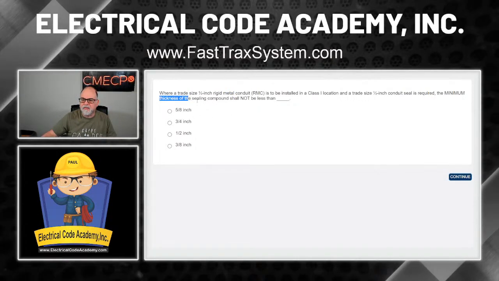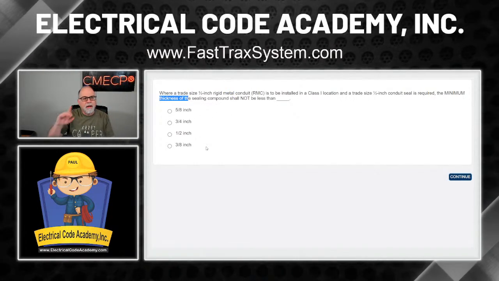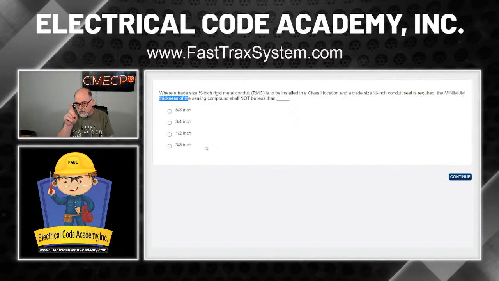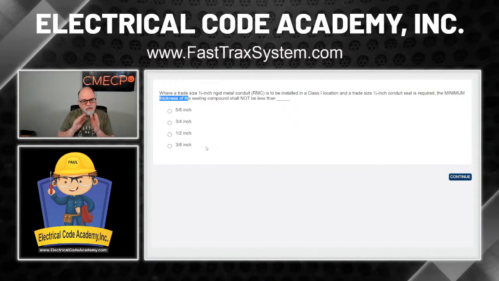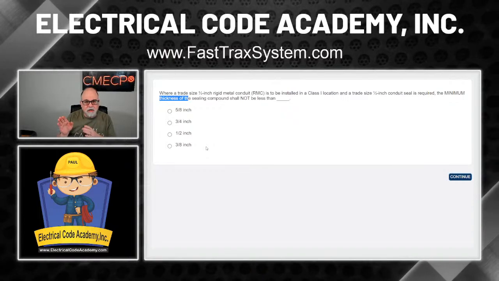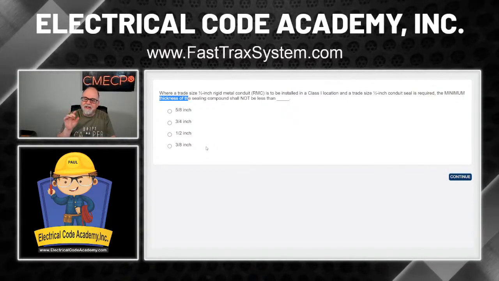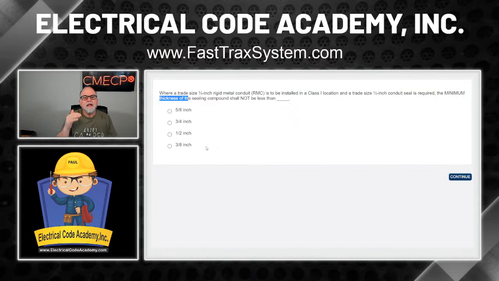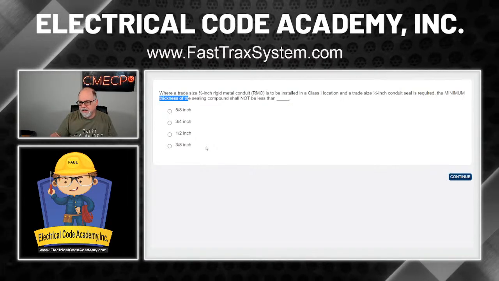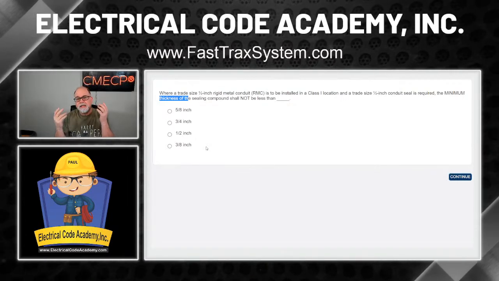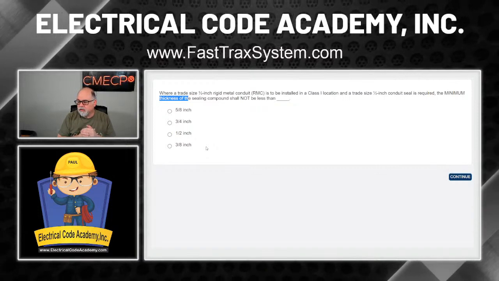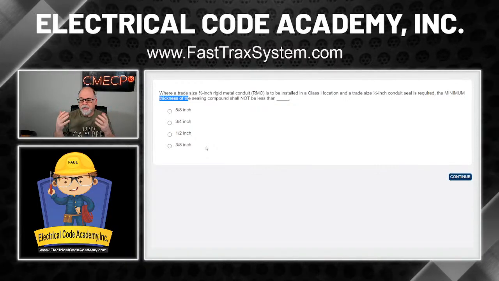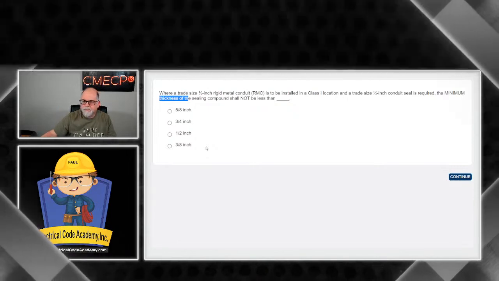I'm looking for thickness. As I'm bold scanning, and that's what we call it, bold scanning, half the battle was getting you here. Once you're here, you're going to use what's actually in the question to help you have a better chance at finding the answer. Now, I would love it if you just knew, but the reality is a lot of tests you're going to take, you're not just going to know. Right? So let's go back to the code.